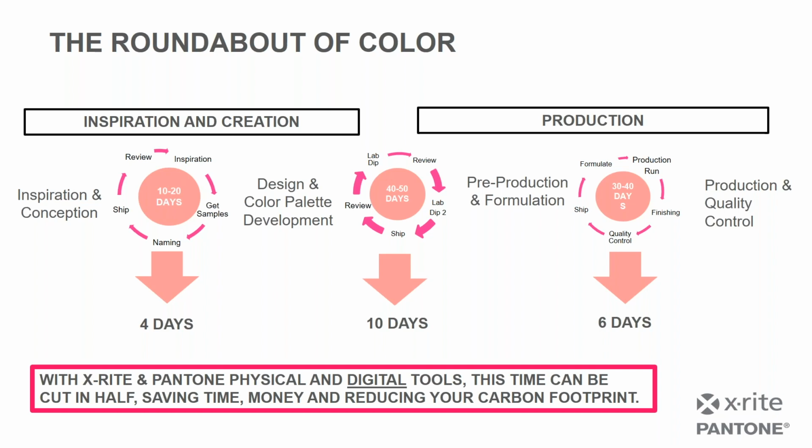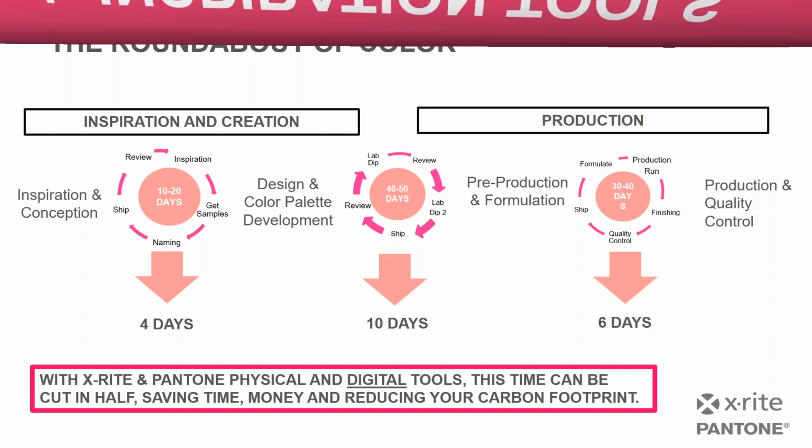You formulate, get a production run, quality control, shipping, round and round. We think we can cut that by a quarter as we go to production and quality control. So it's these gaps in between these stages where information has to be conveyed reliably.